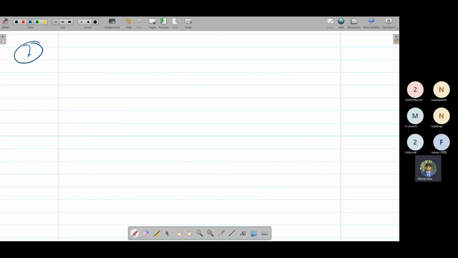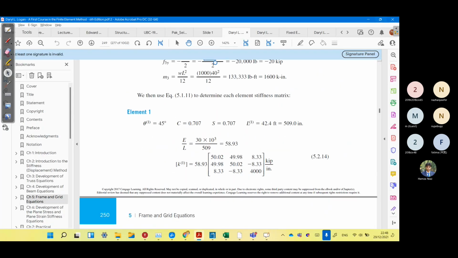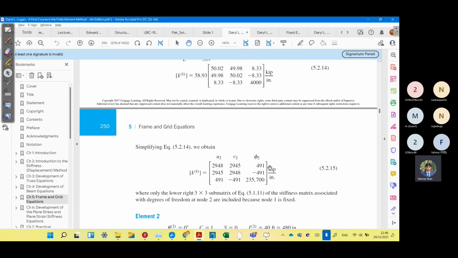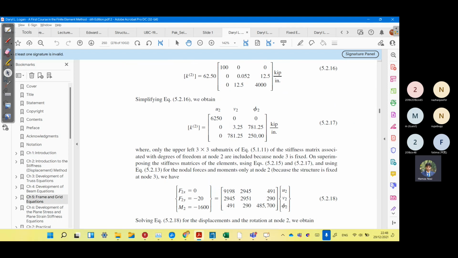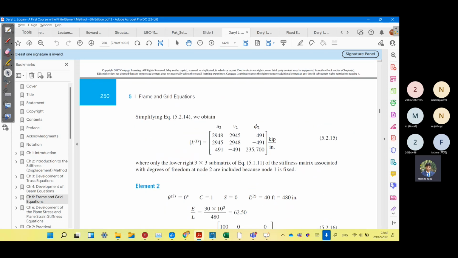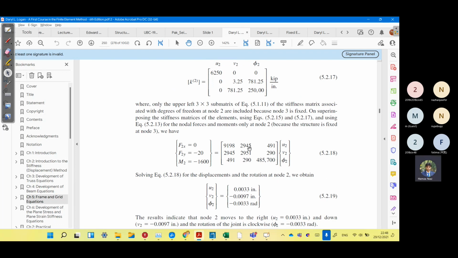So at node 2, simply add the elemental stiffness matrix from 1 and 2. This one we obtain from element 1, and this one from element 2. If we add these two, we get this global stiffness matrix, and it is actually the reduced global stiffness matrix.